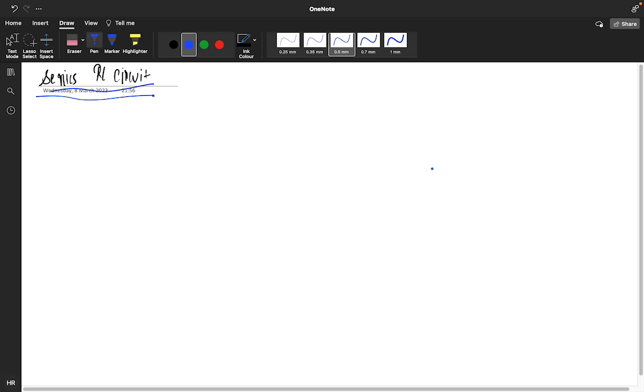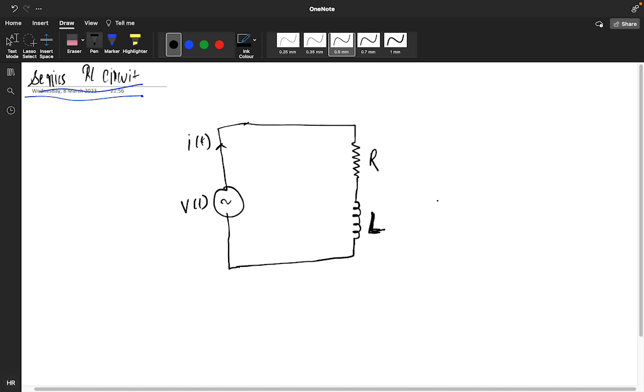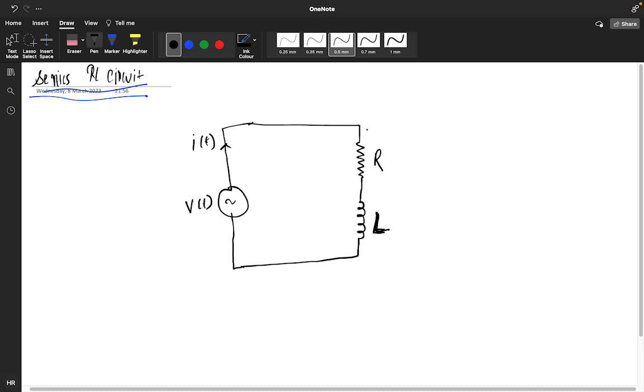See, this is R, this particular one is L. Now guys, if you have some voltage or some current, I'm just taking the example of current.